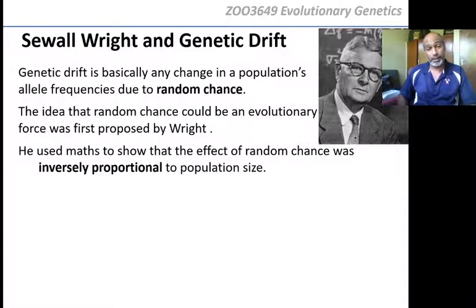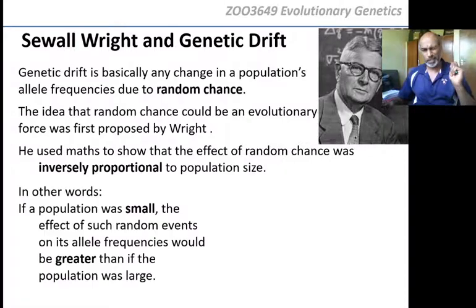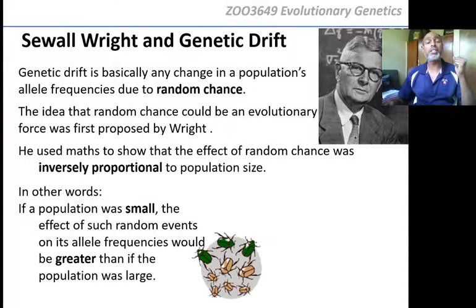And he used maths to show that the effect of genetic drift was inversely proportional to population size. What does inversely proportional mean? That means if the population is small, the effect of drift is big. Okay? If the population size is big, the effect of genetic drift is small.